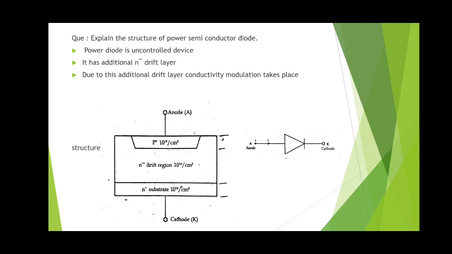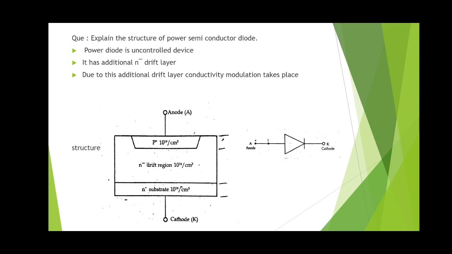Now here we know that a power semiconductor diode is nothing but a PN junction diode which has one additional layer which we call a drift layer or drift region, which is not present in the ordinary or signal diodes. So it has that additional n minus drift layer.